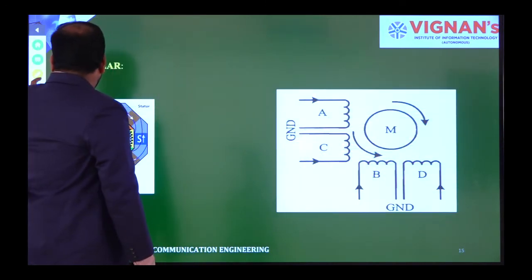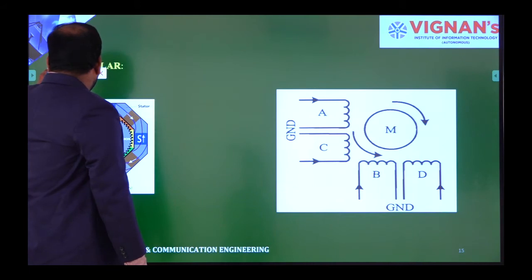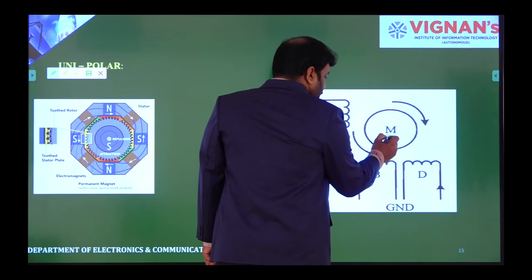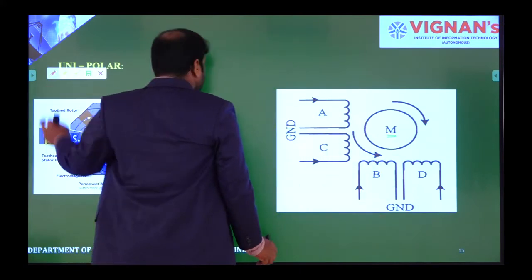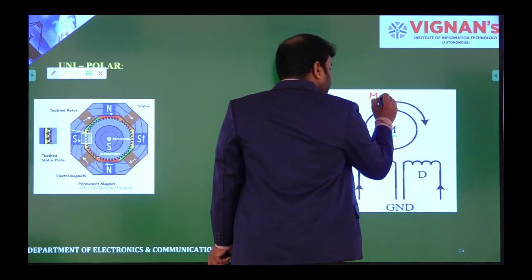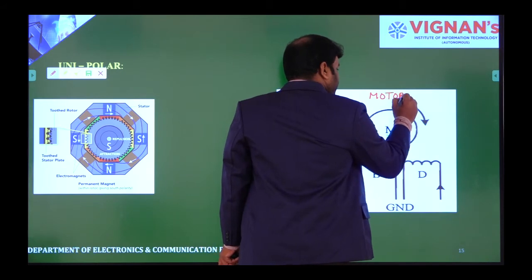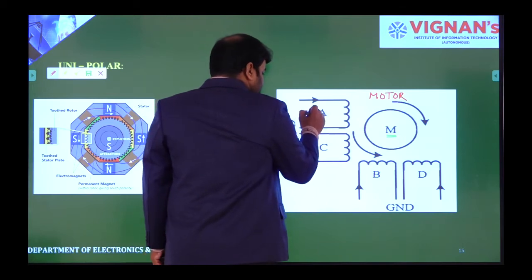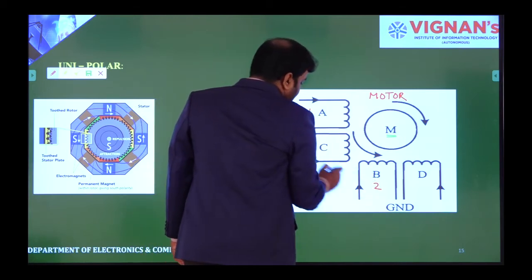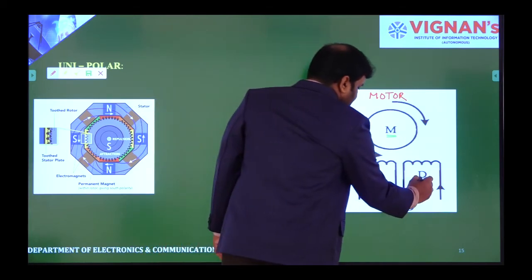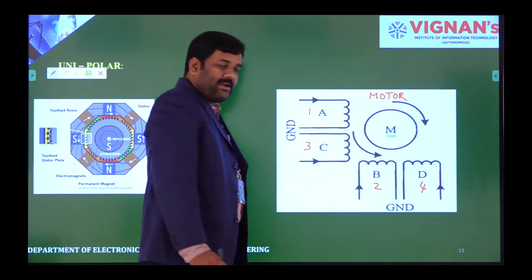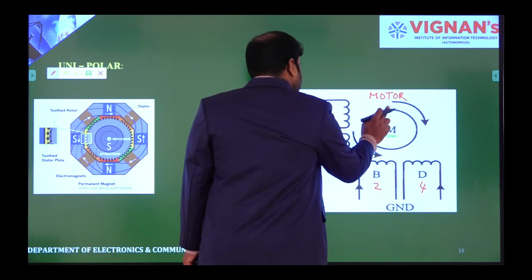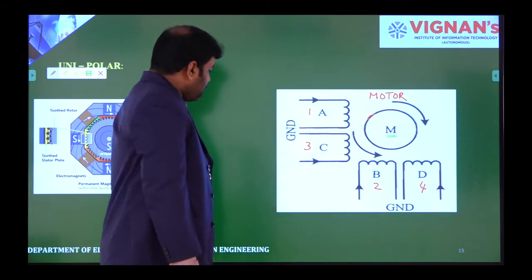So this one is the unipolar stepper motor. Any one of the motors, this M for motor, is having 4 windings. The first one is A, the second one is B, the third one is C, and the fourth one is D. I have 4 windings with a relation to the motor.